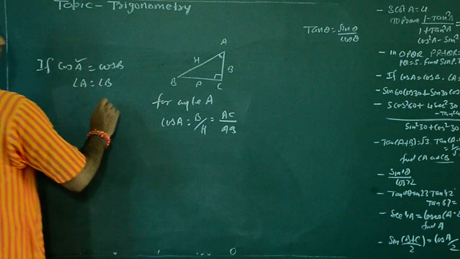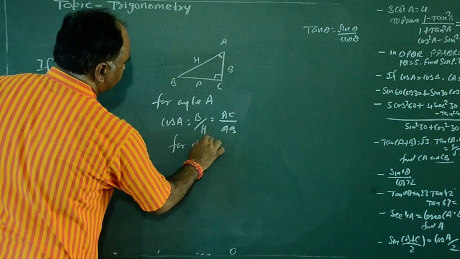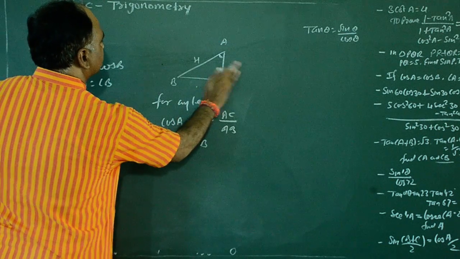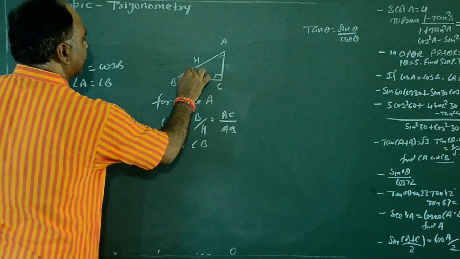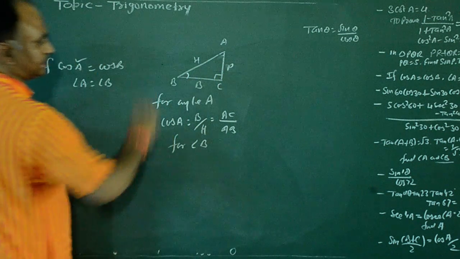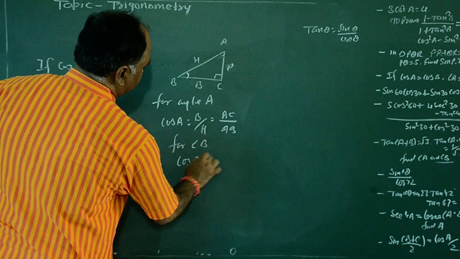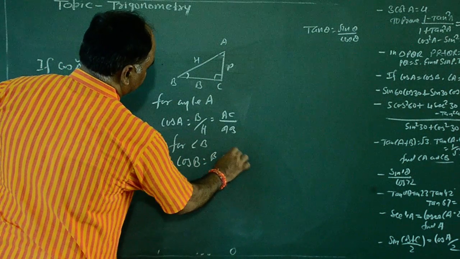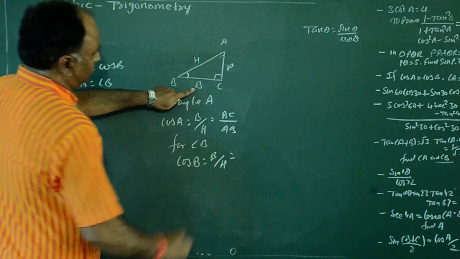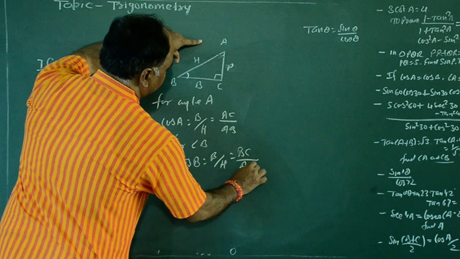But now for angle B, this is the perpendicular and this is the base. So you have cos B, that is B upon H, the base for angle B is BC, and the hypotenuse again is AB.